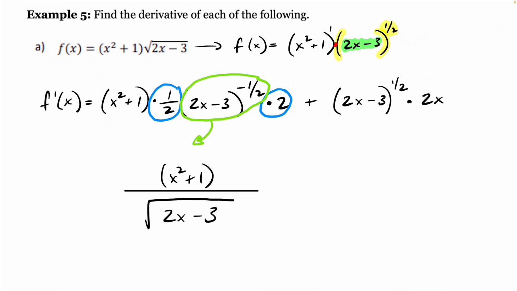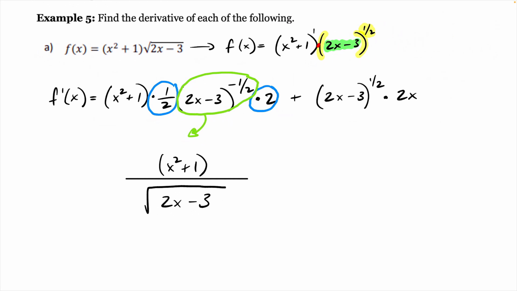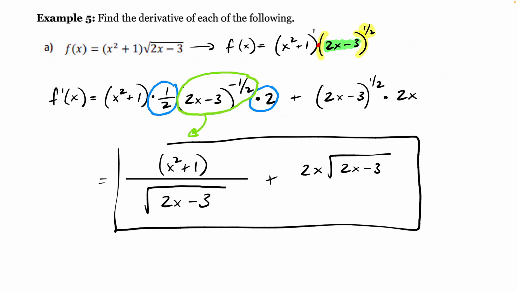It doesn't matter which one you do, as long as it's not a negative exponent. The other guy, there's not really anything to do. Move the 2x to the front, and then just change this back to... That's as far as you need to go. Okay? That's as far as you need to go. You don't need to combine like terms or anything like that.